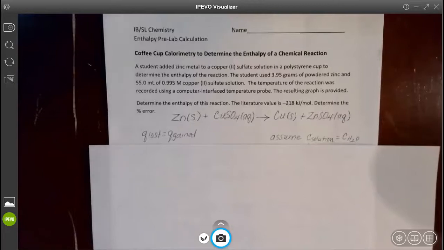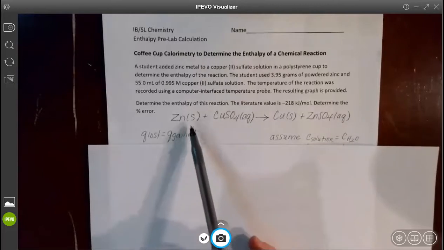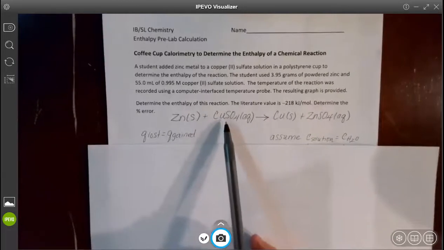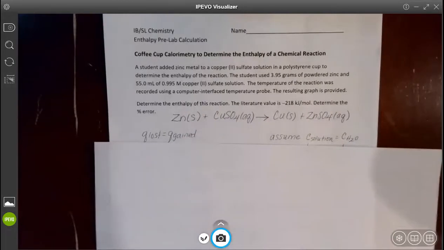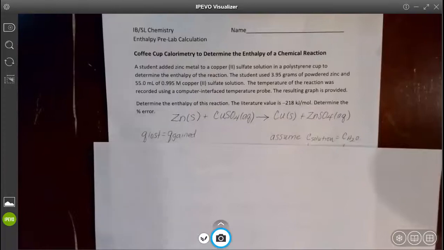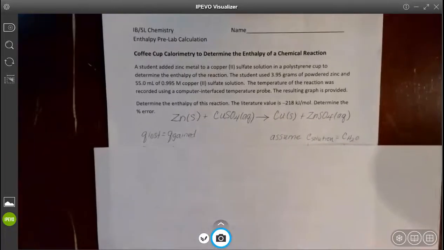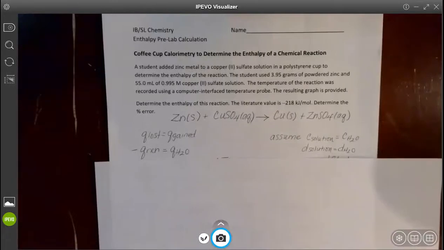That means that energy is being given off from the reaction of these 2 chemicals to the water in the cup, and that water's temperature increases. So this is an exothermic process in which the heat given off by the reaction is equal to the heat absorbed by the water.